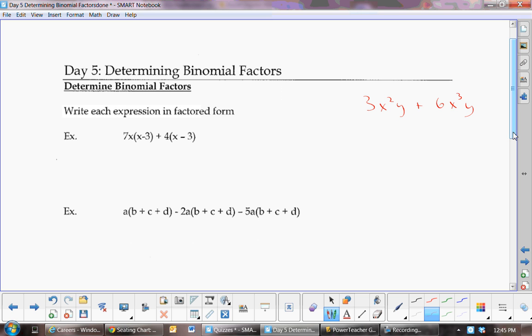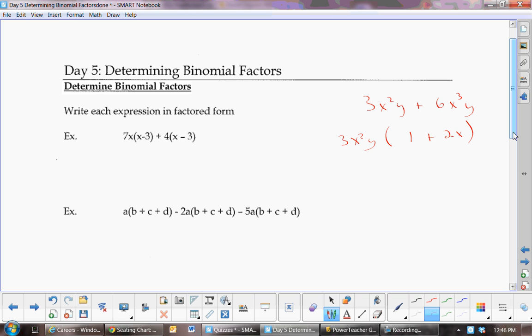Okay, what's common in both of those that I can take out? 3x squared y, correct? And this would leave me with 1 plus 2x. Yeah, you divide it out, right?